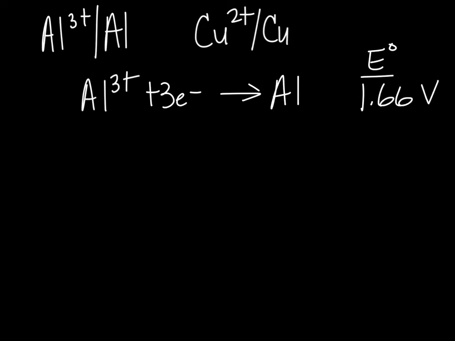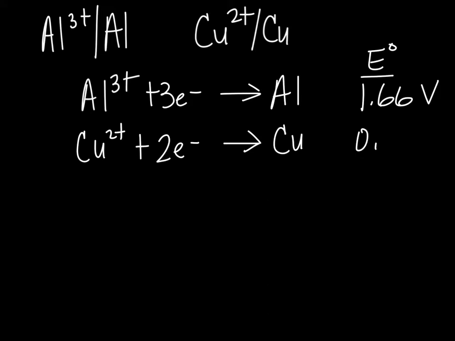And then the copper one, you should find, looks like this. The aluminum is actually a negative voltage. So right here, where I have written E naught is the voltage, the cell voltage. These values were taken directly off of the chart, so you can double check that to make sure I wrote those down correctly.